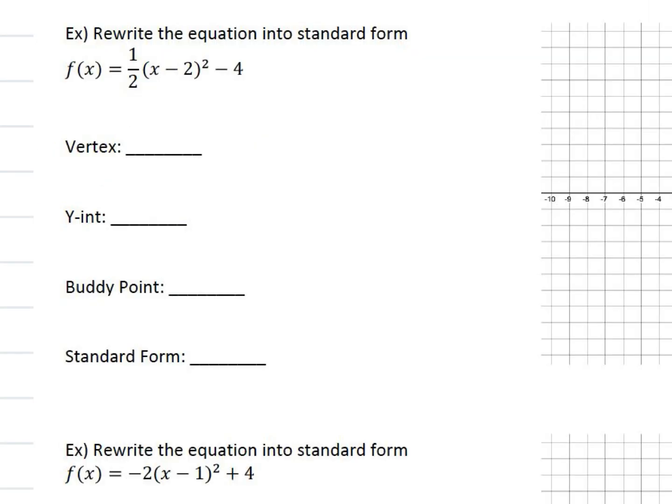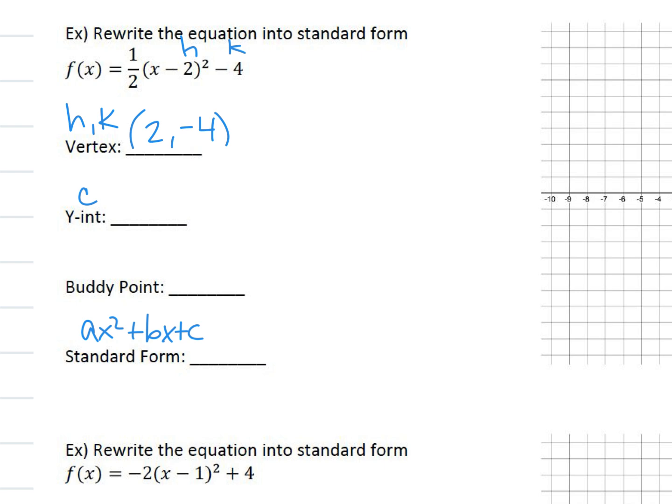All right, let's try another one. Vertex, remember, is your HK. So what is my vertex? Remember, inside's lie, so it's 2, -4. We cannot do the y-intercept yet. That's our C. So we're going to have to change to standard form, ax squared plus bx plus c, in order to get the C and the buddy point, okay?